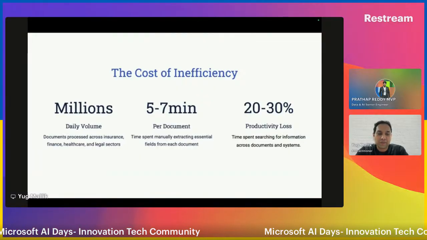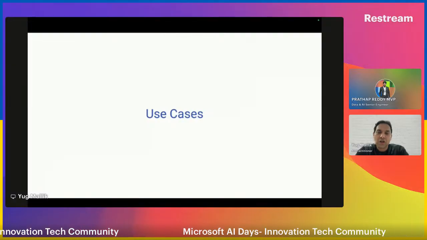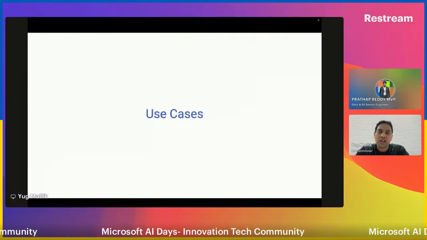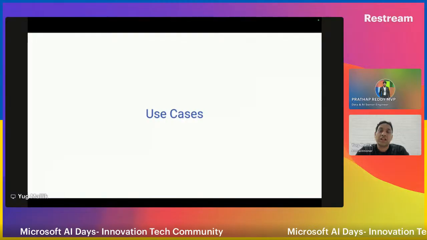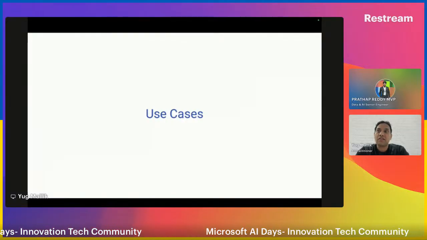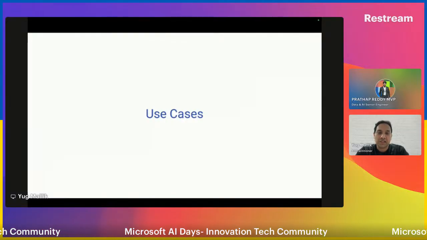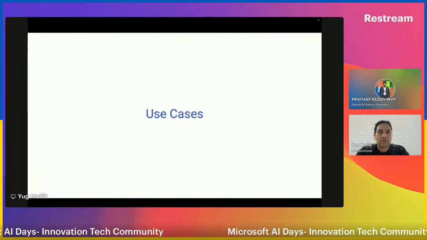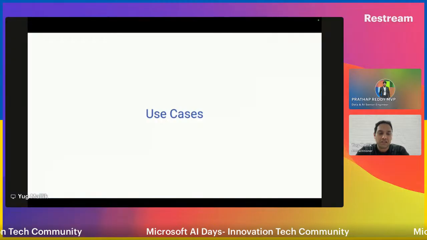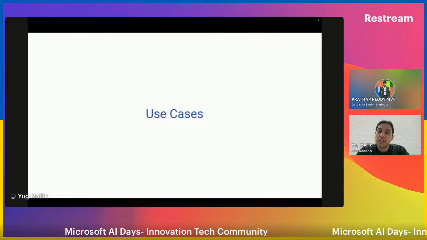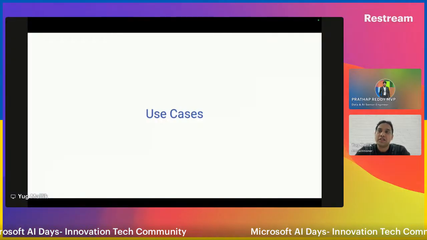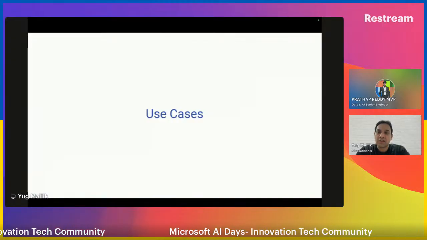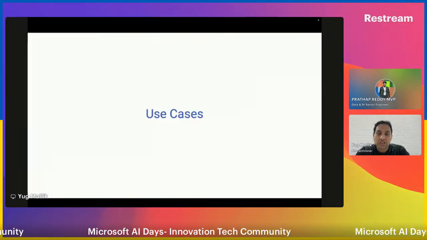Now let's see how we solve for it, since we know now that there are challenges where documents are available in industries like insurance, finance, and so on. And the statistics that you saw, 20 to 30% productivity loss is happening.